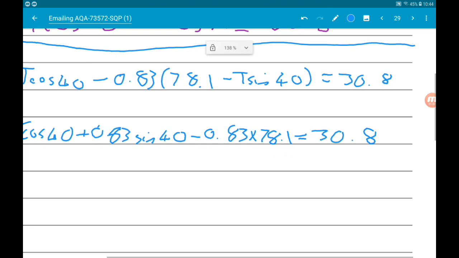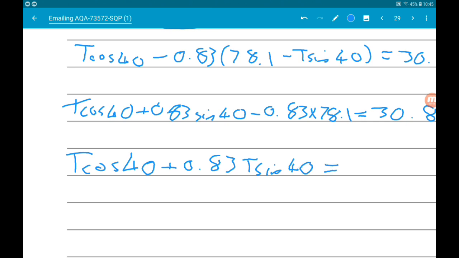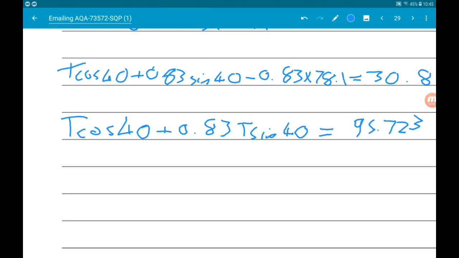Now if we add the last bit to both sides, we get T cos 40 add 0.83 T sine 40 is equal to 95.723 on the left.